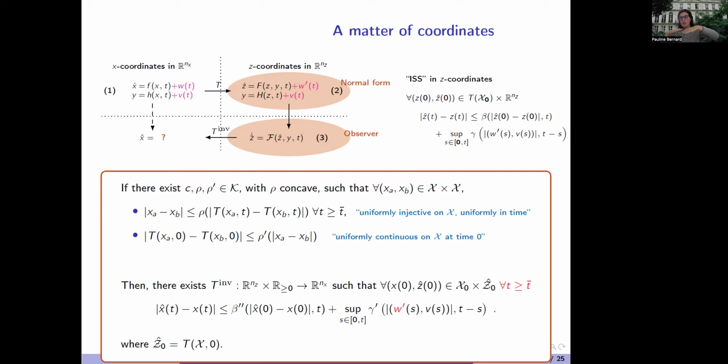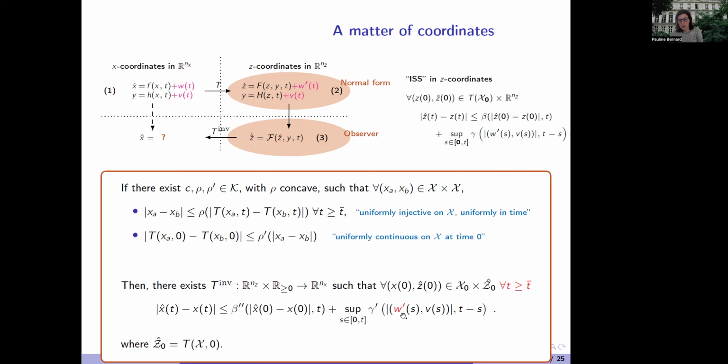And if you initialize z hat outside, then you cannot upper bound z hat minus z by something in x hat minus x. So the way you do it is that you force z hat to be the image of something, and you of course put some kind of condition on the continuity of t at time 0, which is usually uniform continuity.